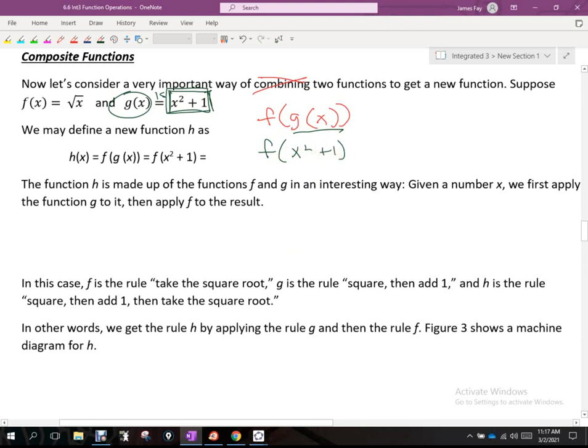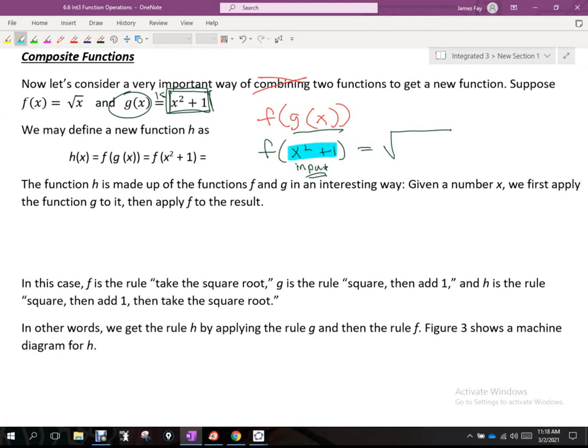Now we get to this. Now we only have one function left over. F is the only function left over now. So what we're going to do then is go to f, and this becomes the input for f. When I go to f, f is the square root of x. But now, remember, whenever we have an input, it takes the place of x in the rule.